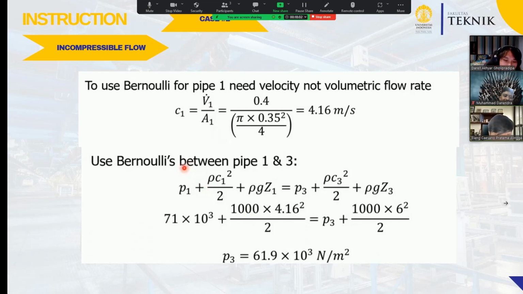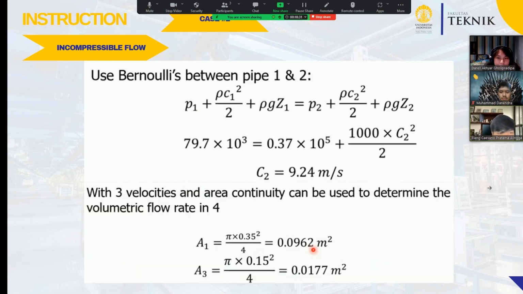The calculation is 71 times 10^3 plus 1000 times 4.16 squared over 2 equals pressure 3 plus 1000 times 6 squared over 2. The pressure is 61.9 times 10^3 newton per square meter.